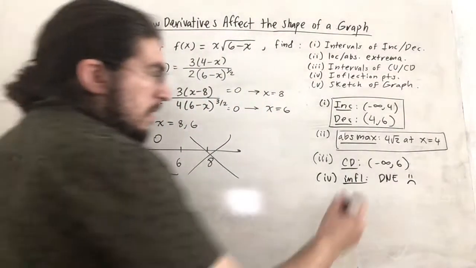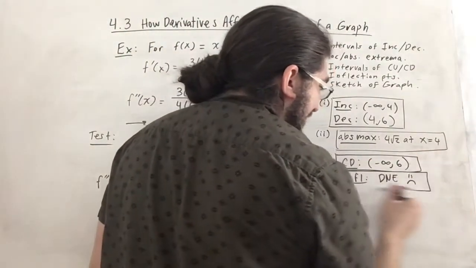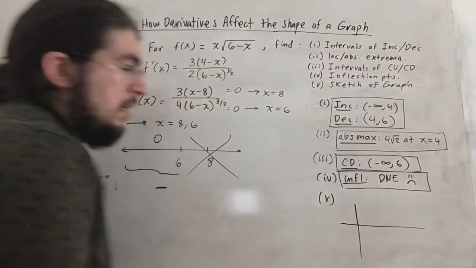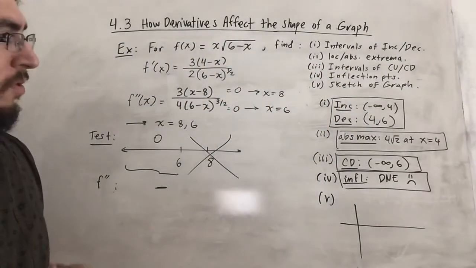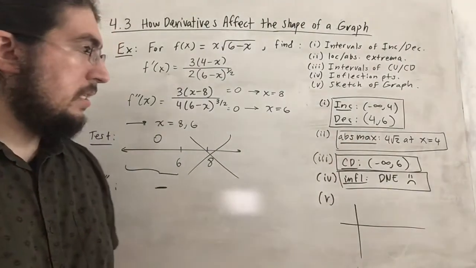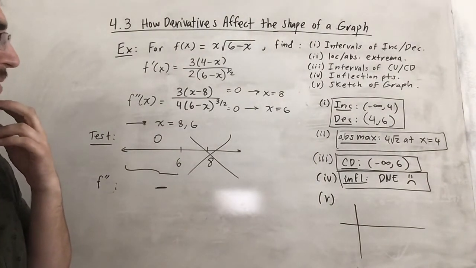And can we bring all of this together to actually find the sketch of the graph? Believe we can. Let's see if we can do it. So what are the main points I want to focus on here? Well, we have x equals 4. X equals 6 is coming up a lot, kind of. And I thought I had 0, but I guess we don't actually have 0.